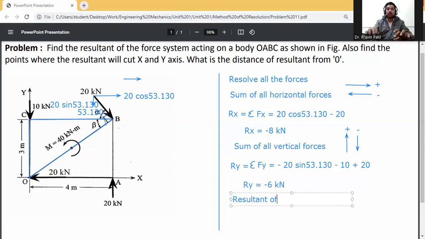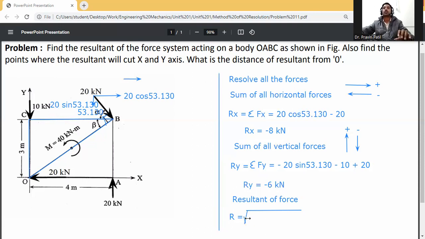Okay, so now find out the resultant of force. R is equal to root of summation Fx square plus summation Fy square, or Rx square plus Ry square.